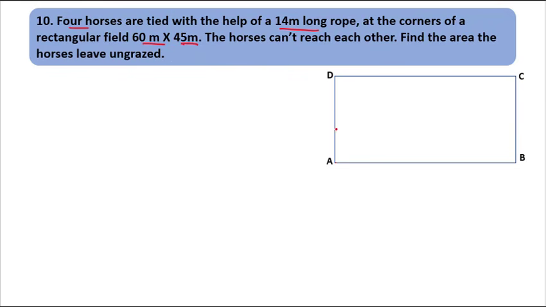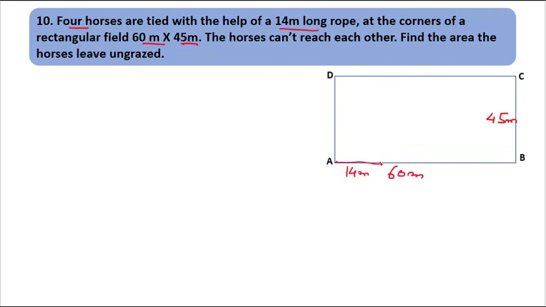Okay, so what we know here is that the figure given here is a rectangular field with length 60 meters and breadth 45 meters. Now let's come to the corner A. A horse is tied here with a rope whose length is 14 meters.